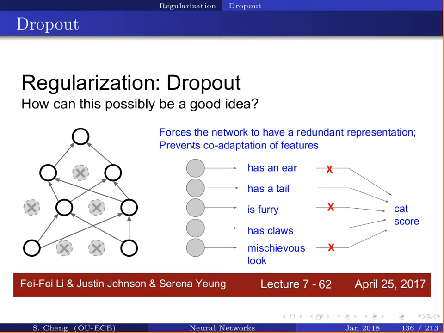For example, a simplified example: let's say we're trying to recognize a cat, and in the intermediate layer we have nodes corresponding to different characteristics of the cat, like whether it has a tail, has an ear, and so on and so forth. So when you drop out some of the intermediate output, basically we are kind of forced to have some redundant representation, right?